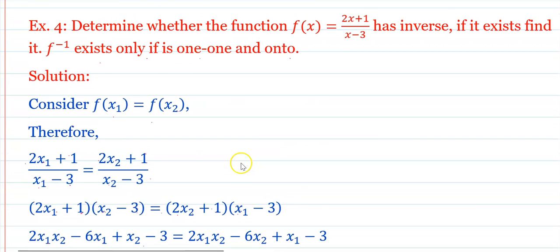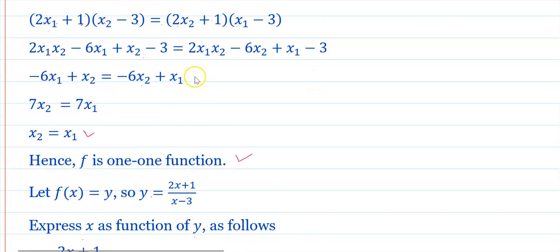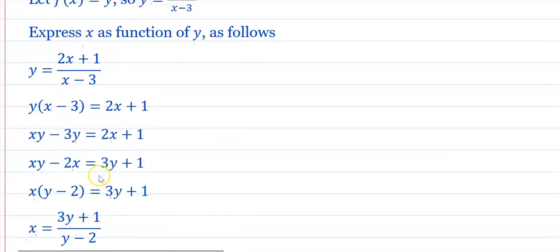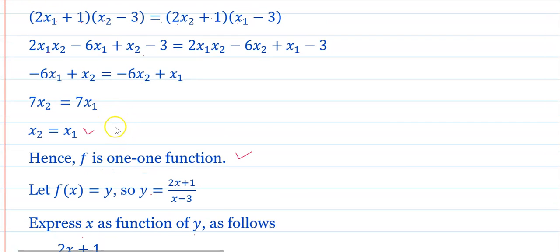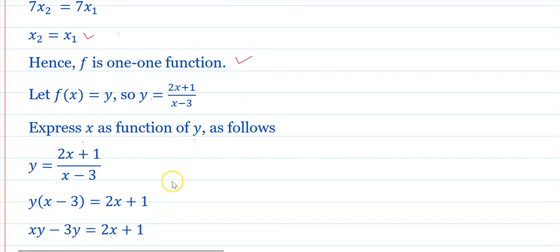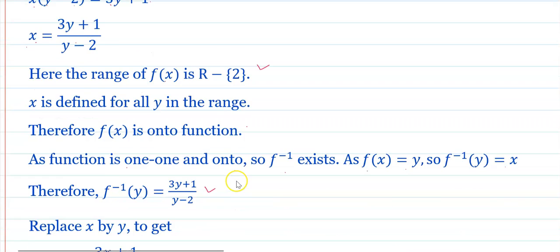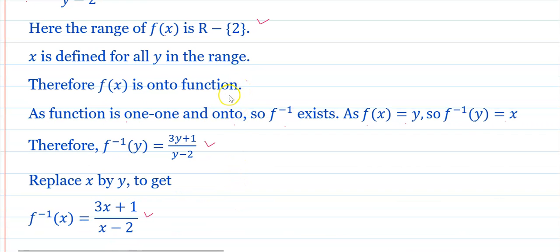Okay. You can see it. Find f inverse if it exists. This is the f inverse of x. Okay. First, show that it is one-one. Next, find the value of x in terms of y. Then find the range. Then it is onto.